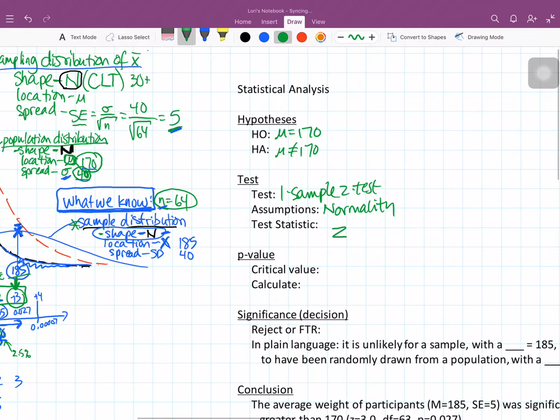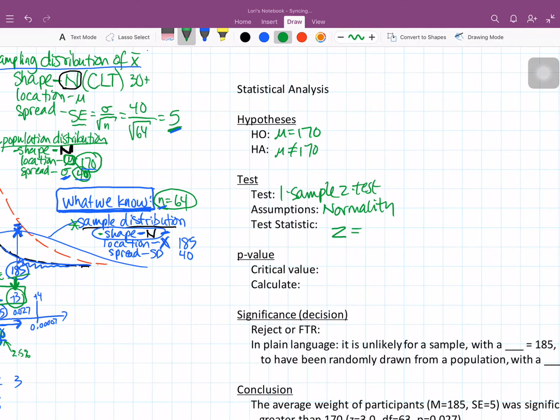So here we have our z, that is equal to x bar minus mu divided by sigma over the square root of n. So these are all values that are your friends by now. X bar is equal to 185, mu is equal to 170, sigma over the square root of n is equal to 5.